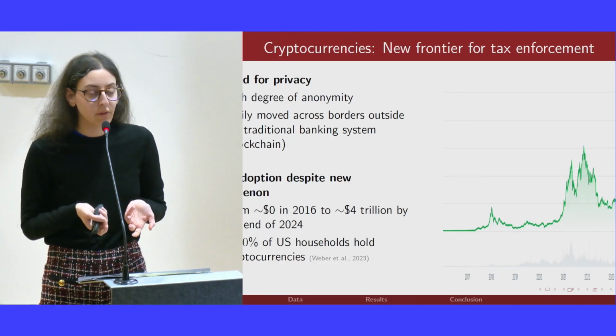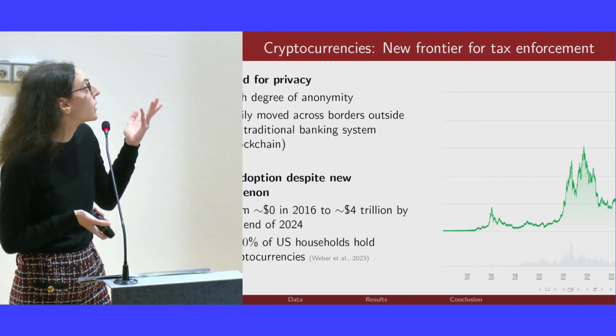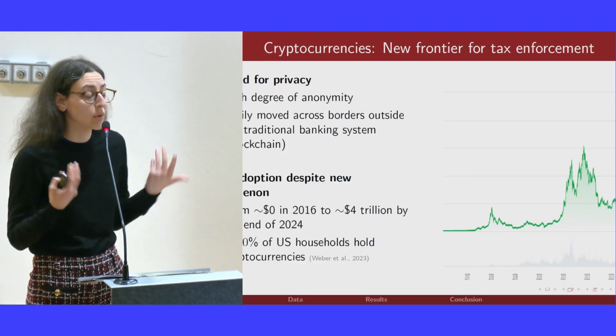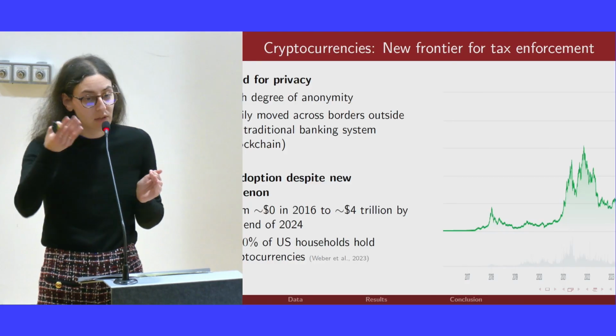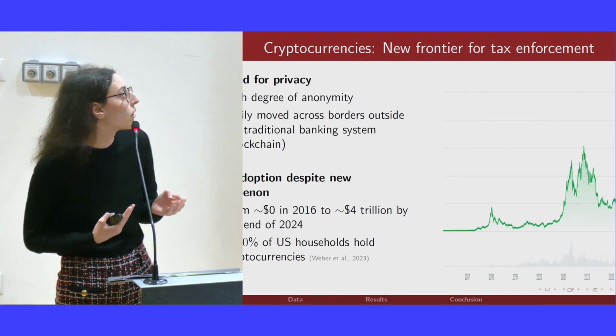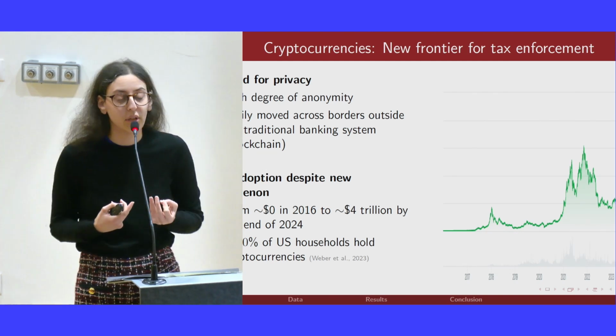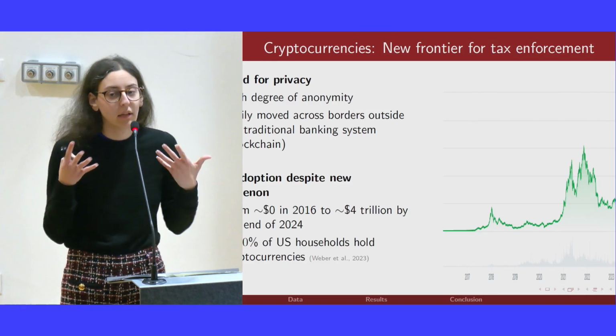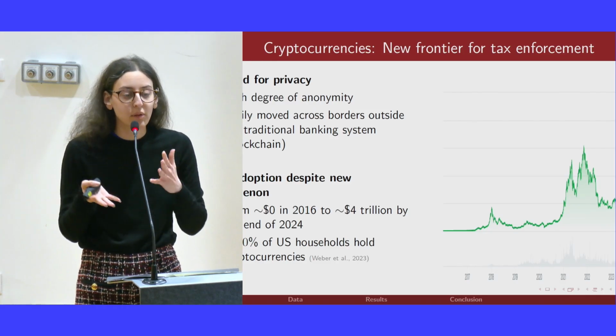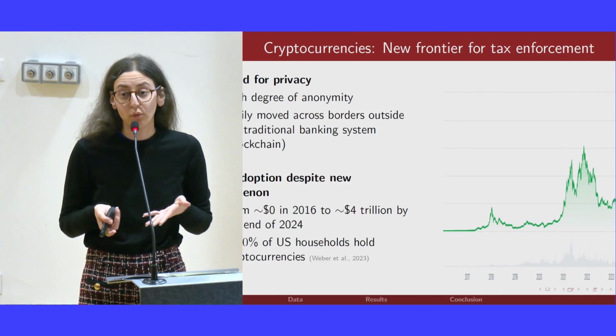For example, from approximately $0 in 2016, and with this boom that Andreas showed before, to around 4 trillion by the end of 2024. And according to surveys, 10% of US households own crypto now.